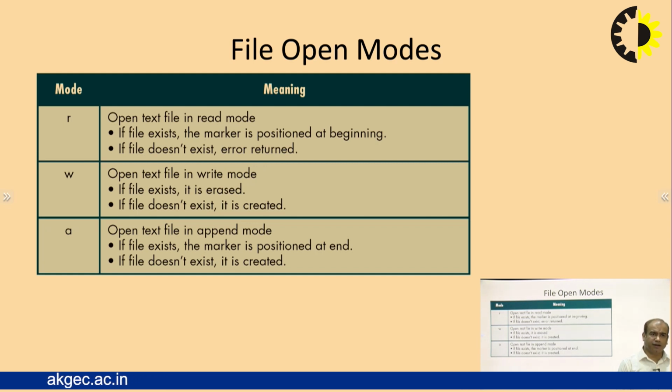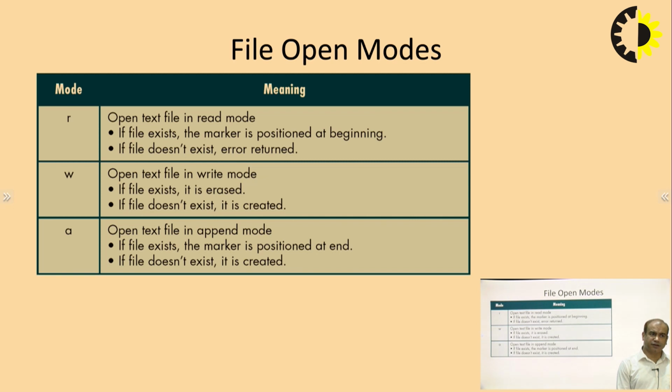The file mode can be of 3 types: read mode, write mode and append mode. Read mode is defined by r, w means write mode, where we open the file in write mode, and a is for append, opening that file in append mode.